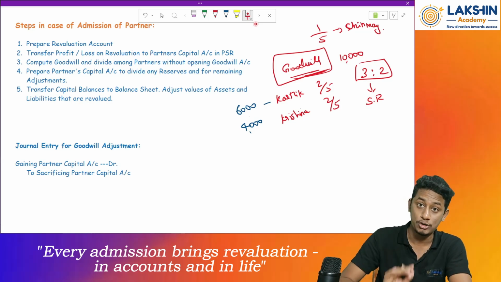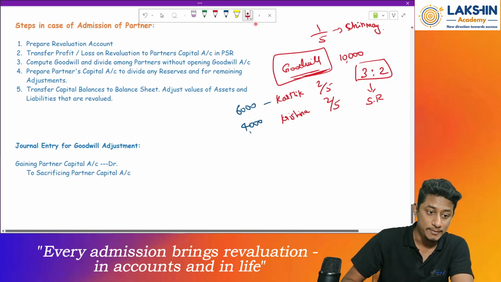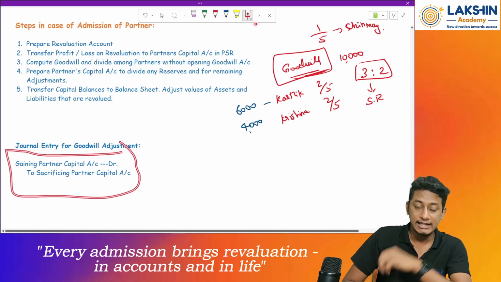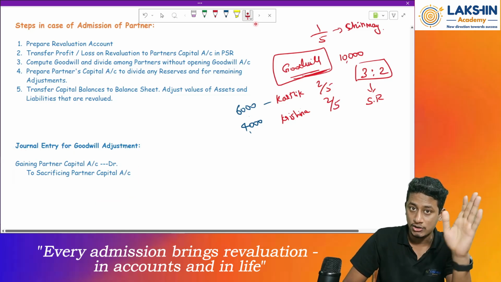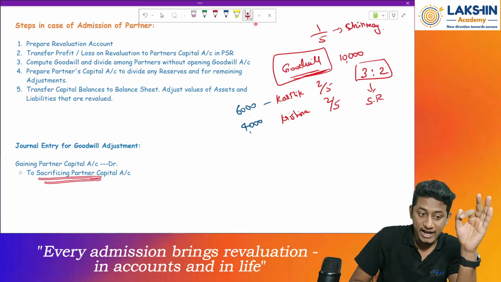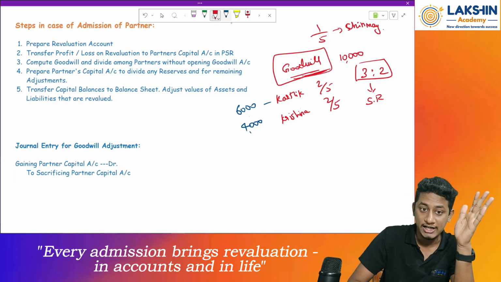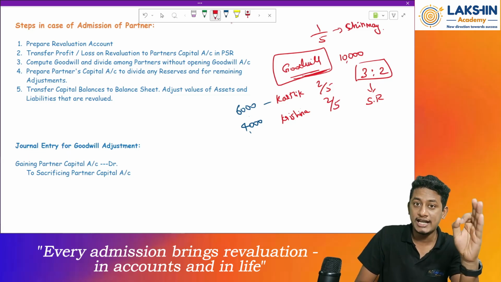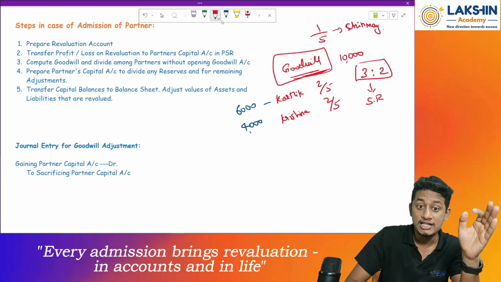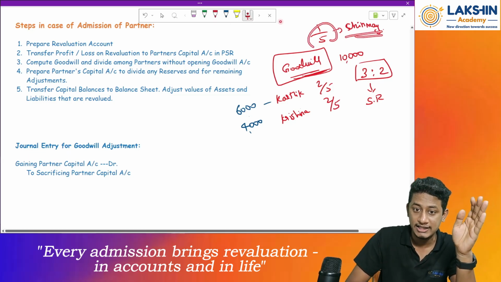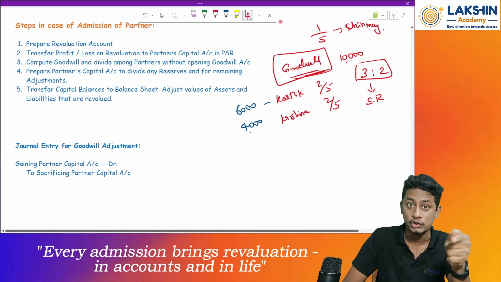Now what entry to pass to show the goodwill in the books? So I pass an entry: gaining partner's capital account debited to sacrificing partners' capital accounts. Who is gaining over here? Chinmay is gaining over here, right? Chinmay is gaining 1/5 of the future share of the profits. So he is the gaining partner.